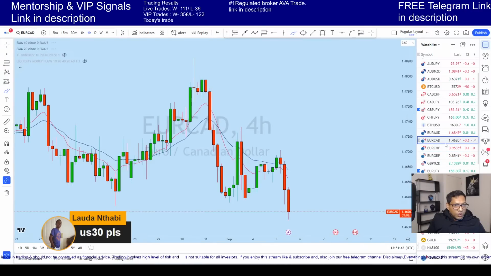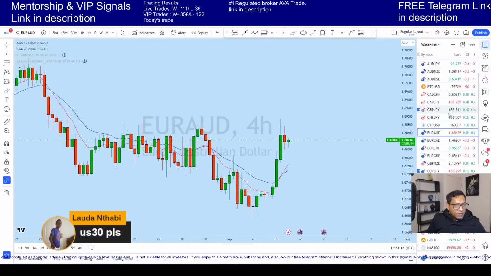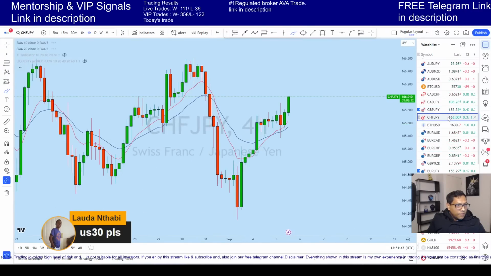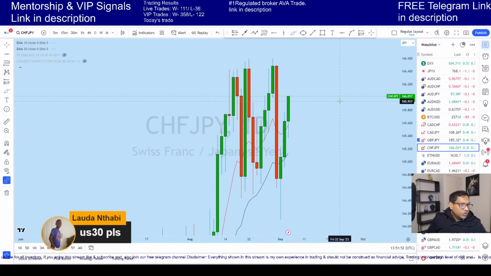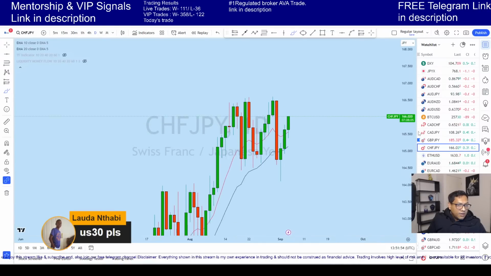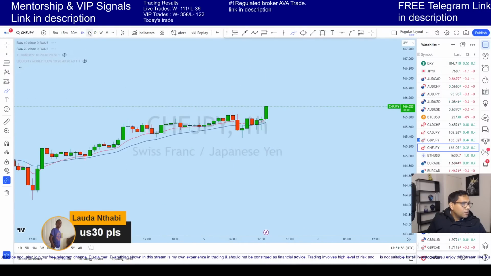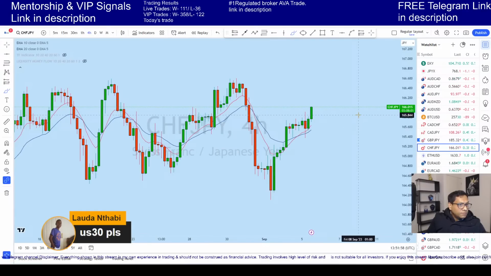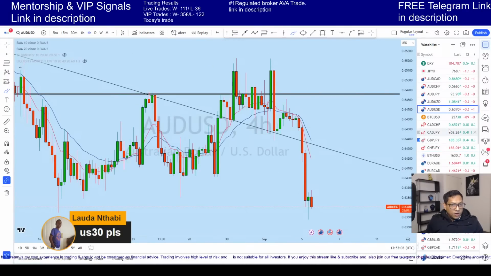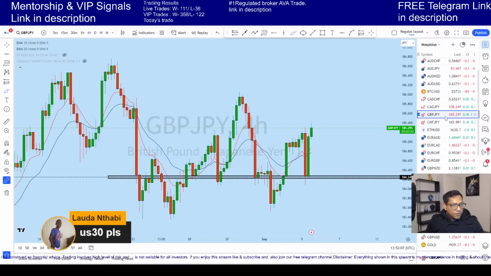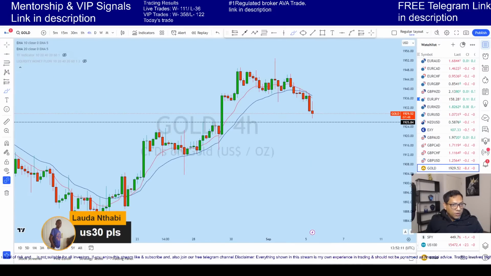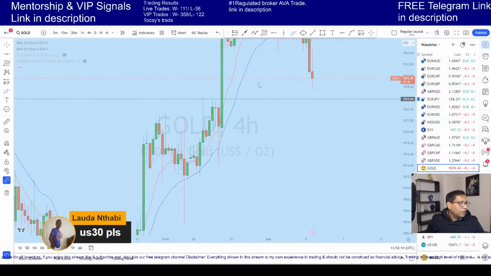Just quickly looking at all of them to see. So basically CHFJPY also has a very strong upside momentum. Okay, so we see the JPY pairs getting stronger, and gold is getting weaker, pardon me.